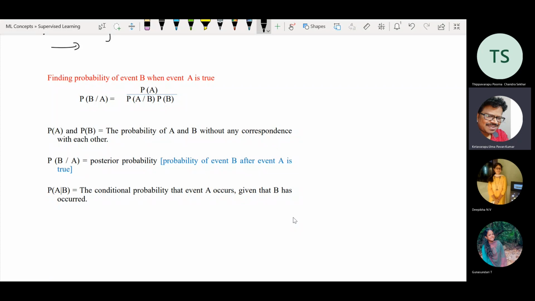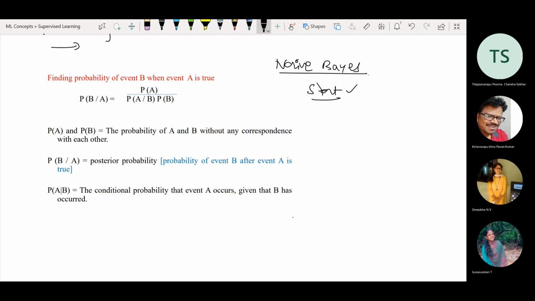What I'm trying to give is the basis for naive Bayes: on what basis it works, and what is the statistical or mathematical model behind the algorithm. When you see some data set, you should be able to observe whether to apply naive Bayes or support vector machine. As a data scientist, deciding which algorithm to elect is a very important point.